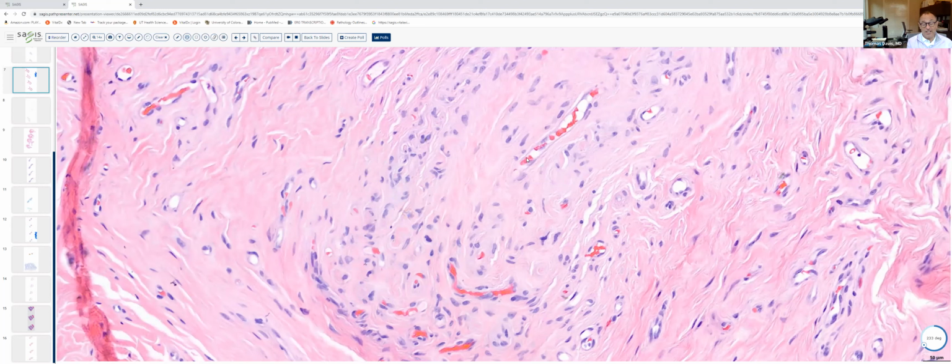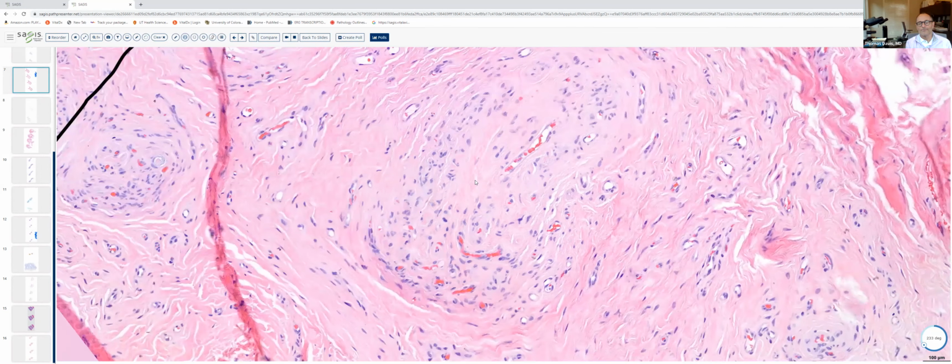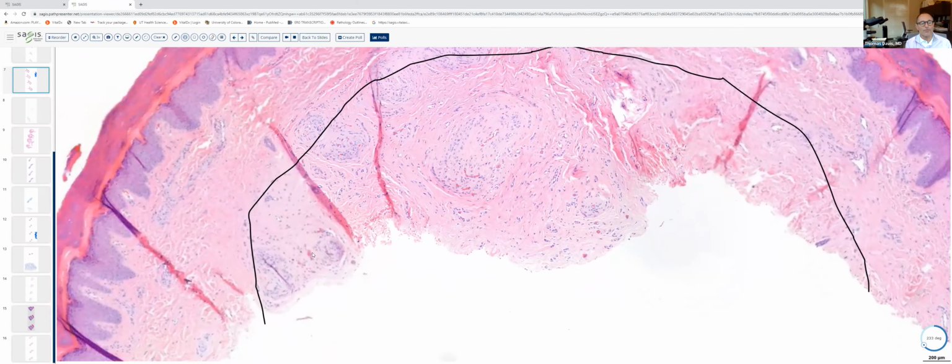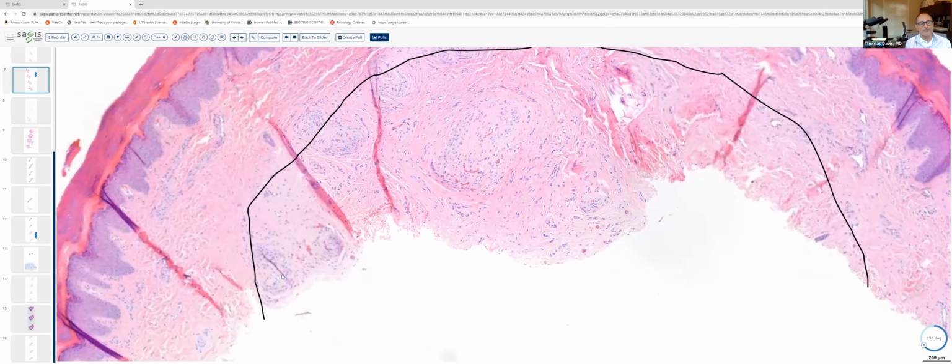Cytologically, these cells are fairly benign. The nuclei are somewhat pleomorphic, but none are hyperchromatic, and we're not seeing necrosis or mitotic figures. So architecturally and cytologically, we have a benign neoplasm. This particular proliferation is quite commonly found on acral surfaces.